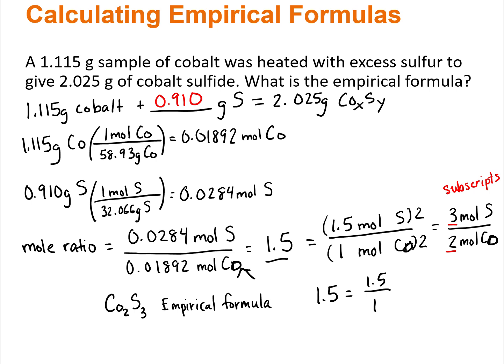Whatever factor you can multiply by to get that is what you multiply by. So if it was 1.3, you'd multiply by 3. Does that make sense? It's practice. As long as you understand the idea of getting that ratio and you can get to the 1.5 part, then by trial and error you can figure out the subscripts.